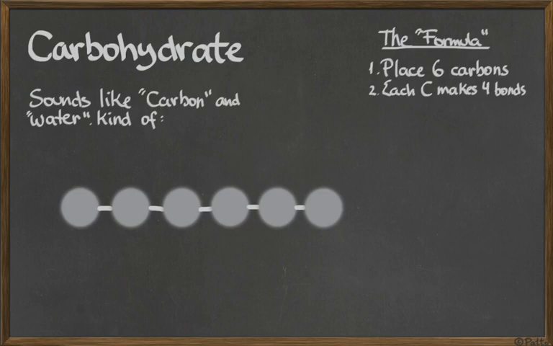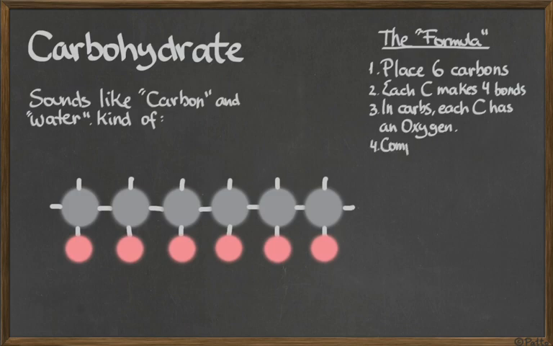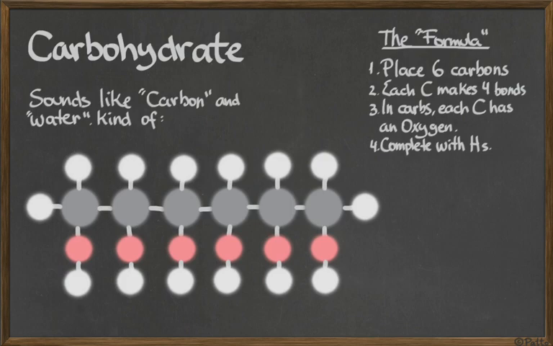Each carbon is capable of making 4 covalent bonds, so I'm making 4 covalent bonds. On each of those carbons, I'm going to add 1 oxygen. And then I'm going to complete everything with hydrogen. What we have here, kind of a carbohydrate, is 6 carbons, 6 oxygens, and hydrogens.